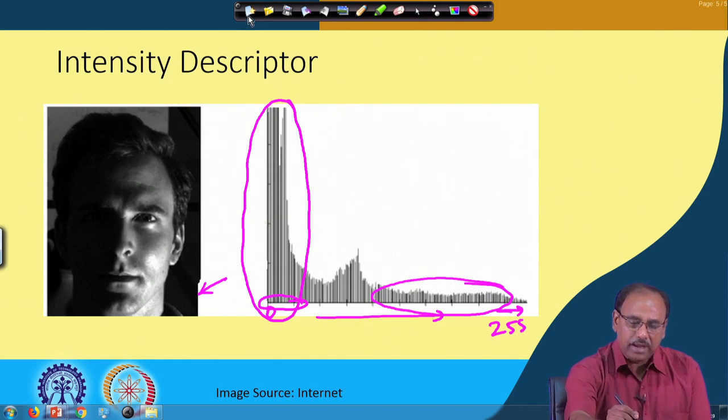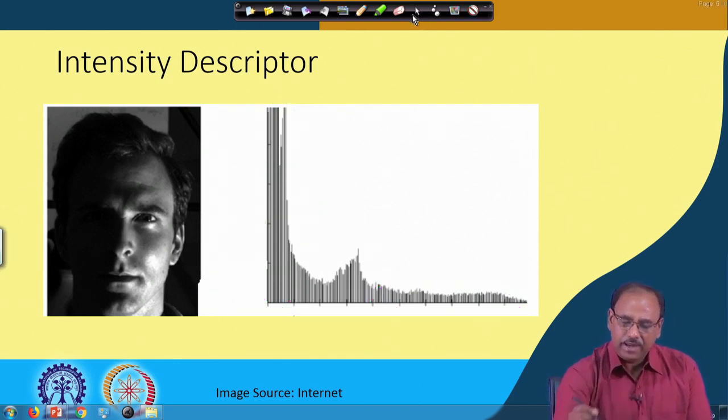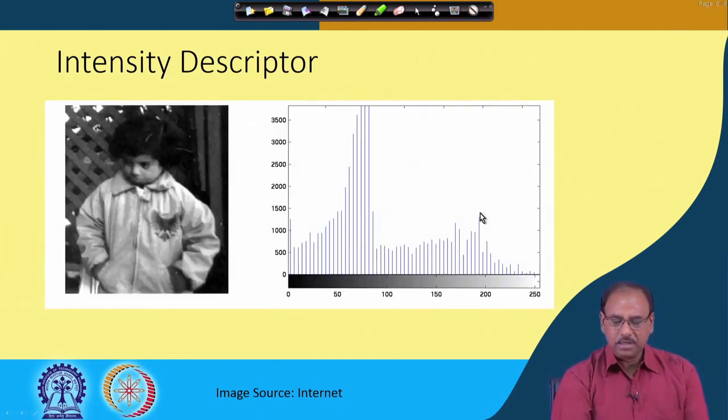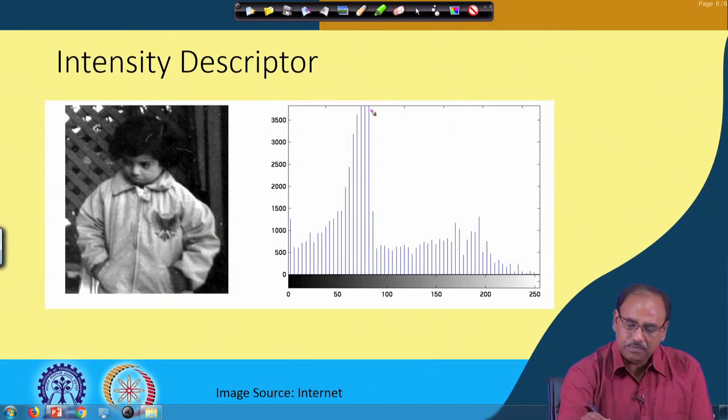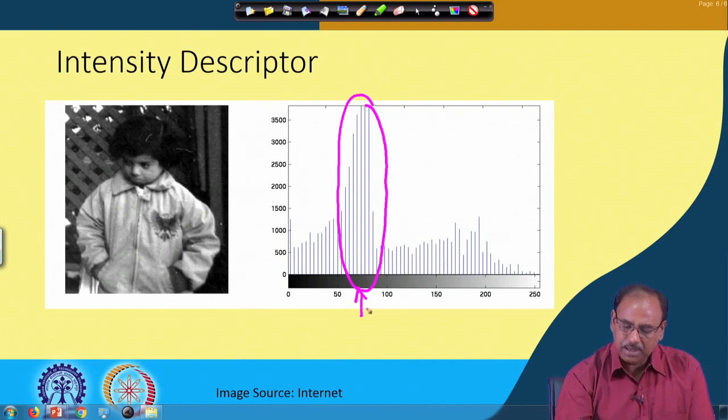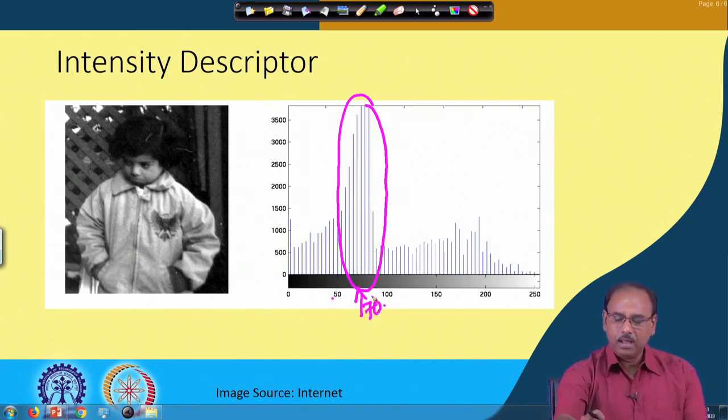Now, as against this, if I take the next image, here you find that the intensity values in the histogram may be something around 70 or so, between 50 and 100.